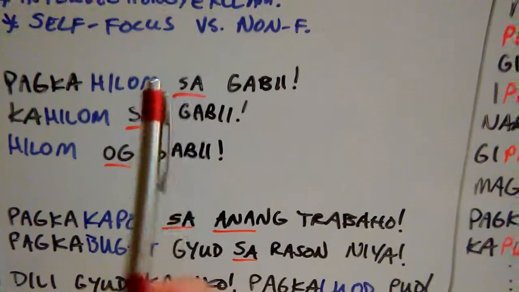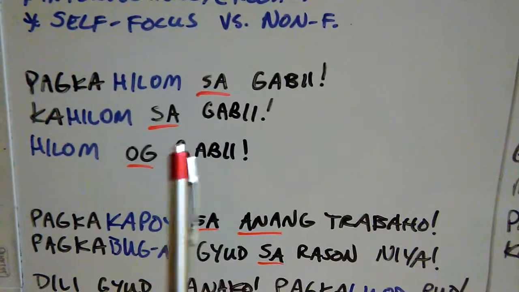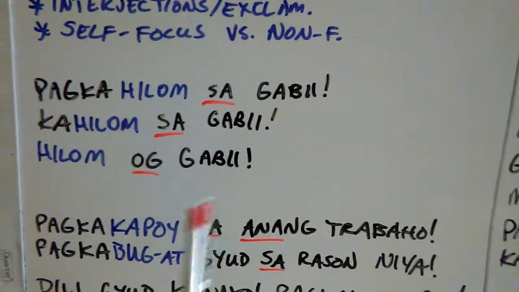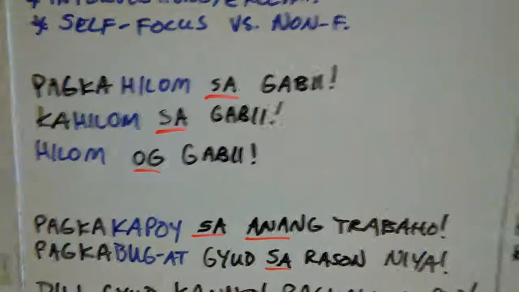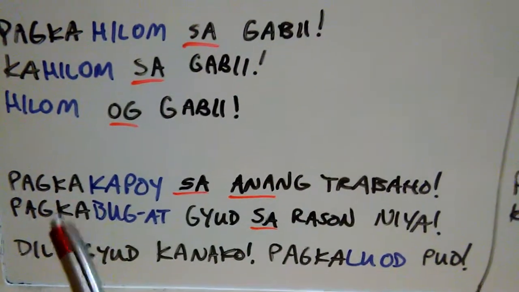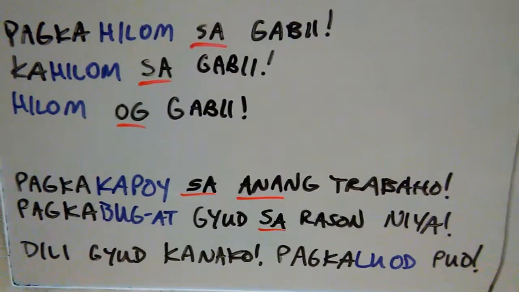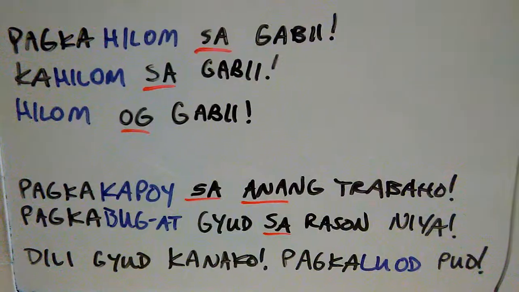And I underline these in red because the sa and the og and even down here, you'll see how they're all a part of the non-focus family, the non-focus markers. The next sentence we have here is pagkakapoy saan ng trabaho. Wow, that kind of work is really tiring, right?